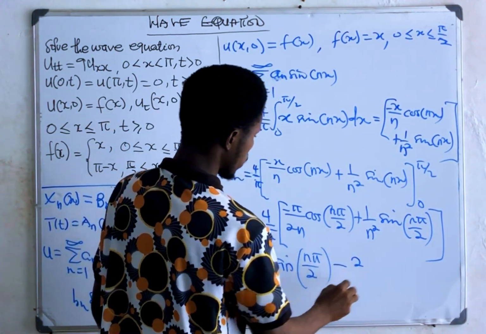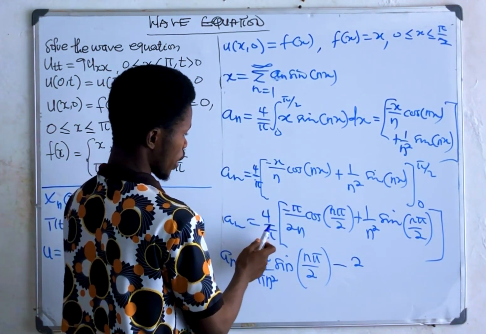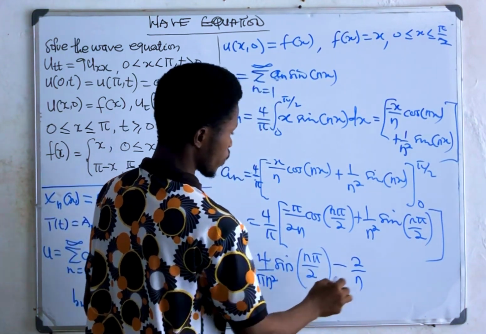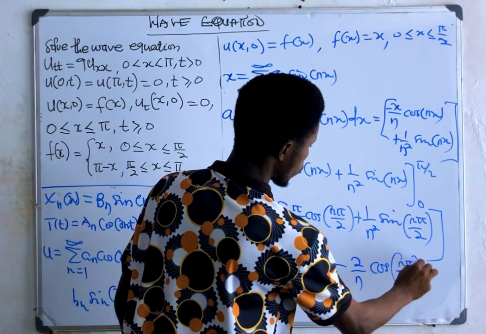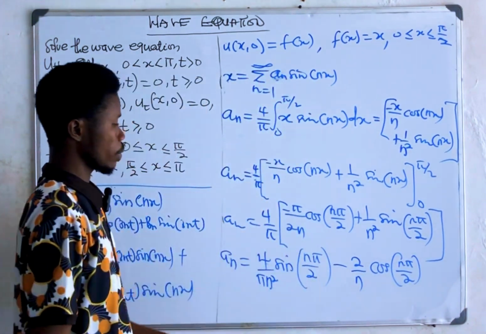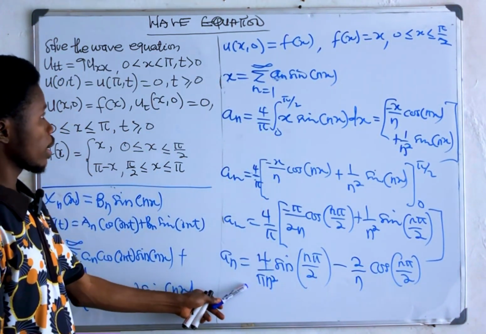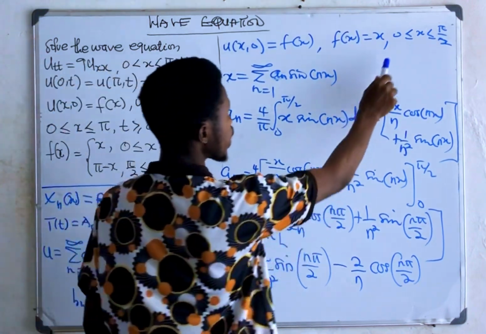So I have 2 here. Pi will cancel this pi, so I have n here, cos n pi over 2. So this becomes the final answer for an for this particular limit.